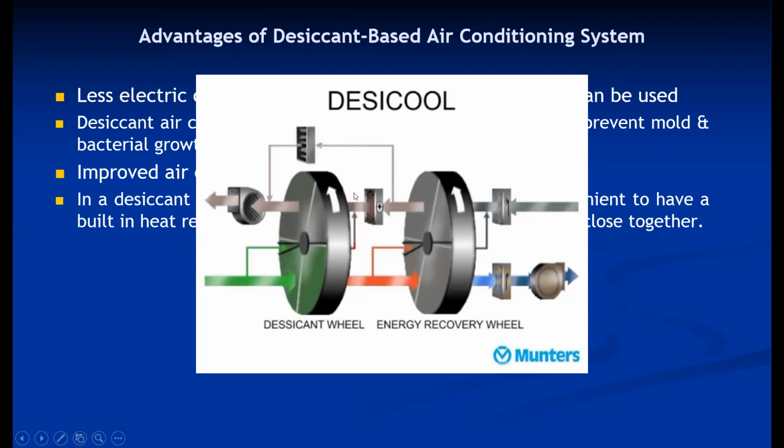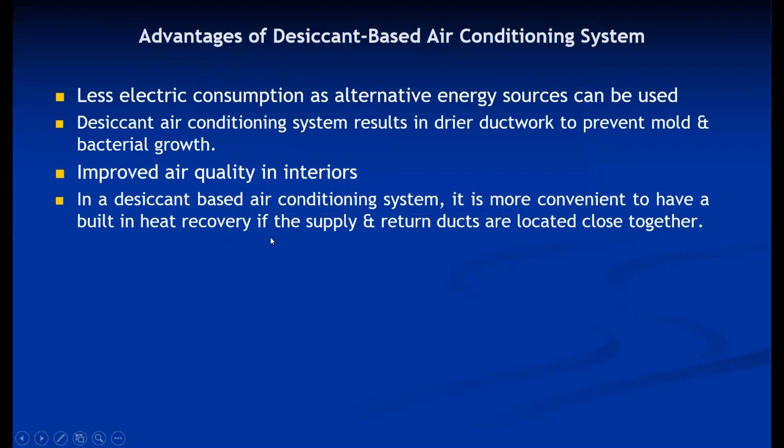So there are many applications where the desiccant wheel is used along with the energy recovery wheel. So that is another advantage. When you are using desiccant based air conditioning systems, generally the two ducts, supply ducts and return ducts, are located close together. So we can install both wheels there.